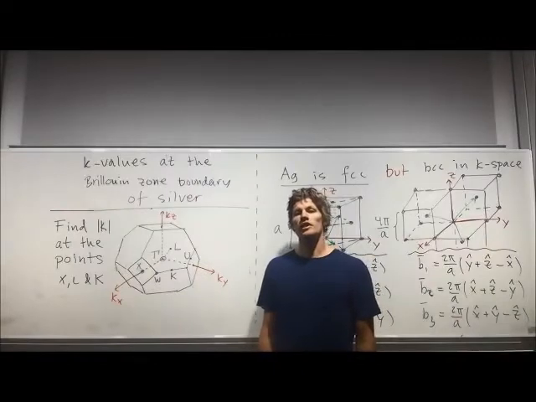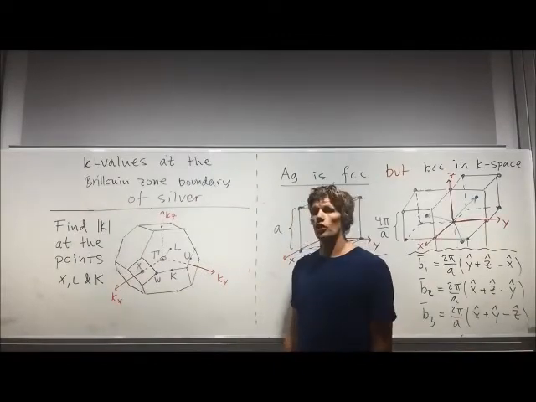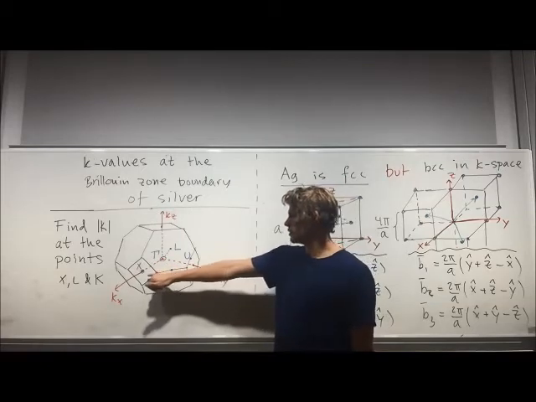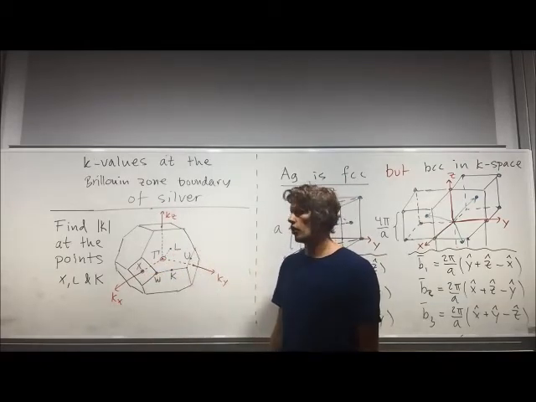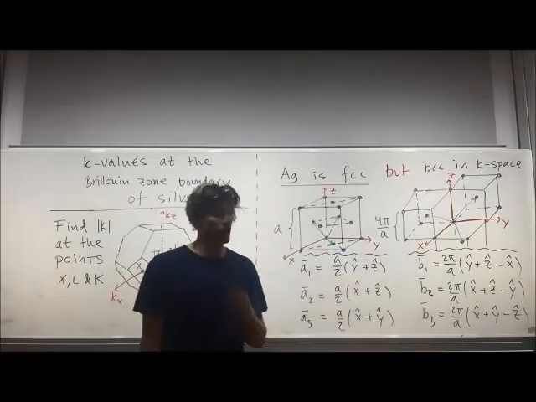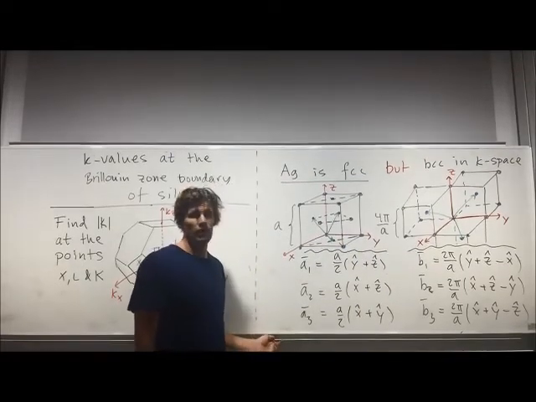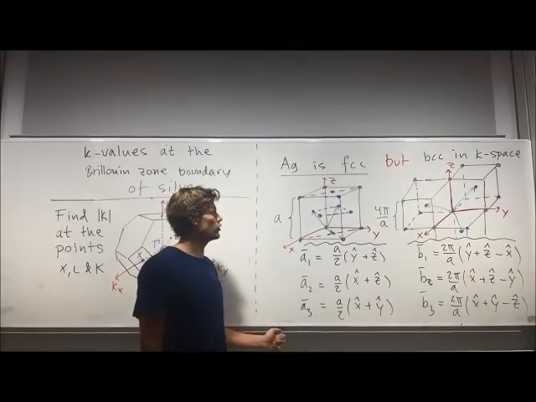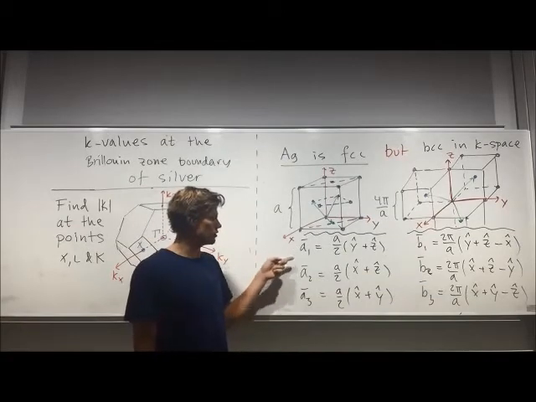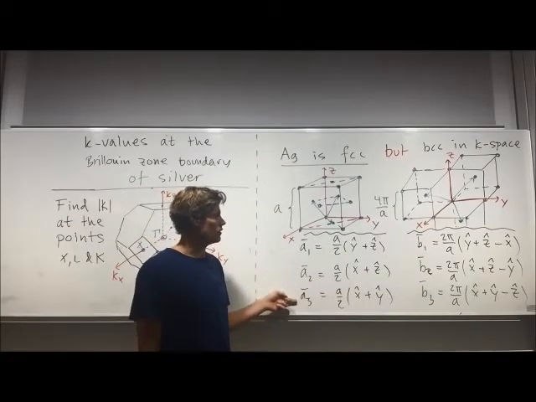So in this problem, we're concerned with the Brillouin zone of silver, and we want to calculate the distance from the gamma point to the high symmetry points X, K, and L, which are all lying on the Brillouin zone border. In order to do that, we need to understand that silver is face-centered cubic, meaning the lattice vectors correspond to these three.